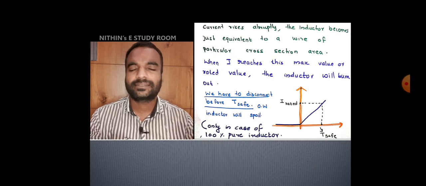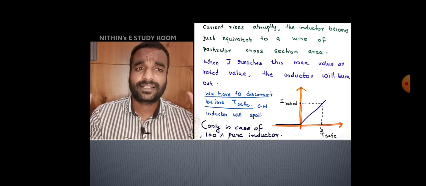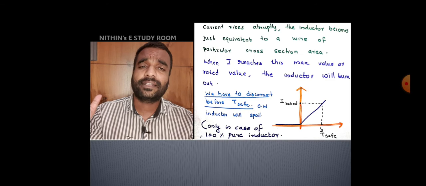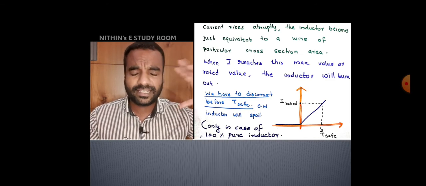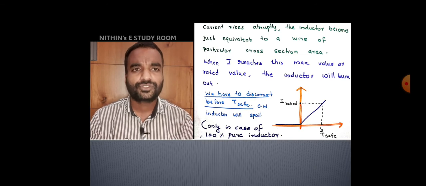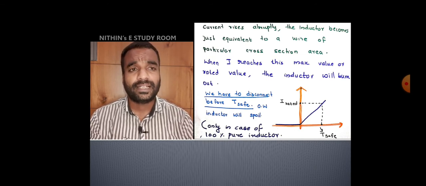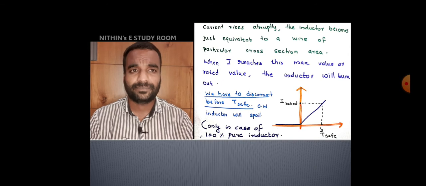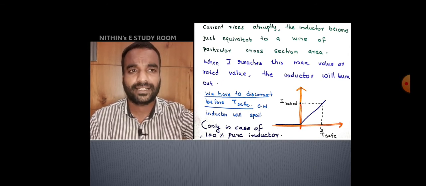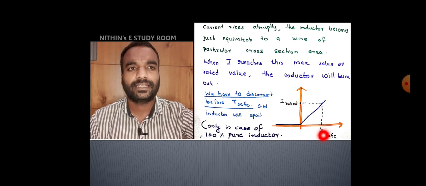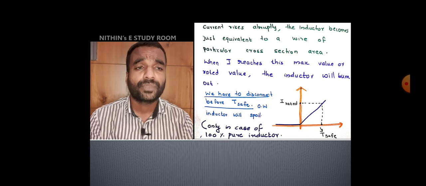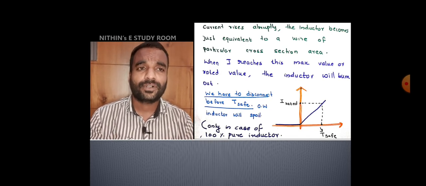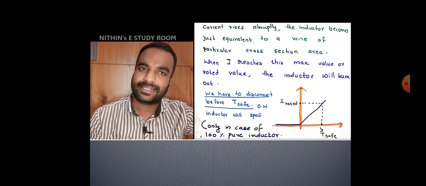At some time the current will become the rated current, and if you permit it to increase beyond that, definitely the inductor will burn out. So we have to limit the current by some mechanism at I rated. This is the I rated. So you have to find the T safe corresponding to I rated, and from the T safe you have to do something for preventing the increase in the current.